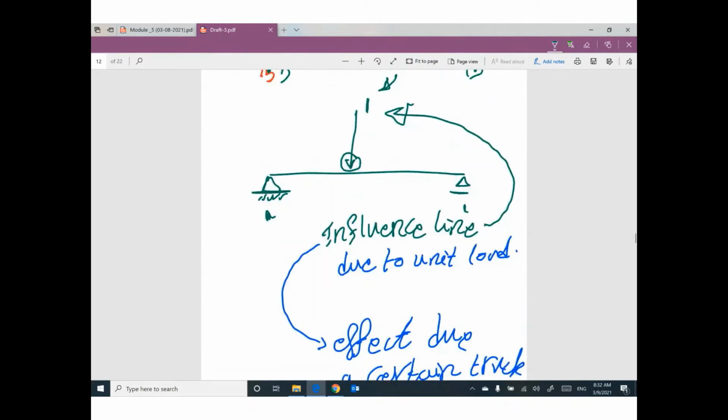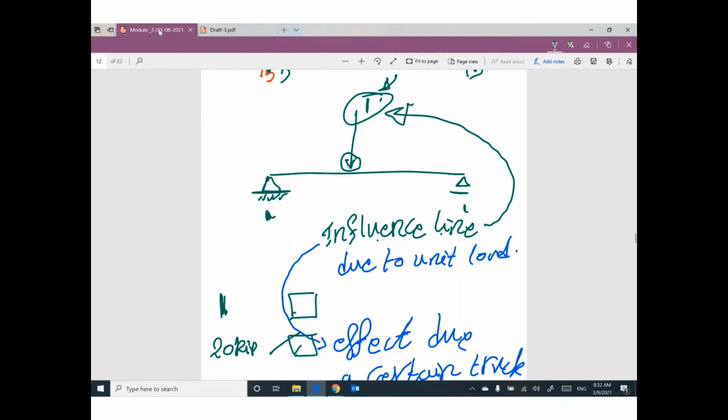I will get the influence line due to a unit load. So the unit load can give you this effect. If you have a truck with 20 kips, can you give me what is the effect? I can.